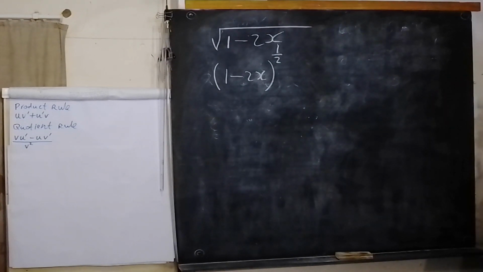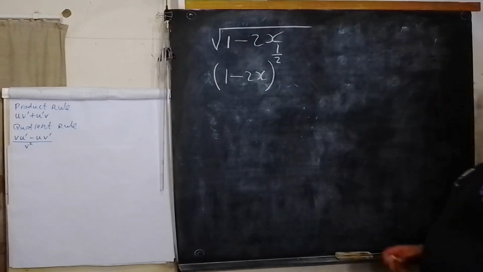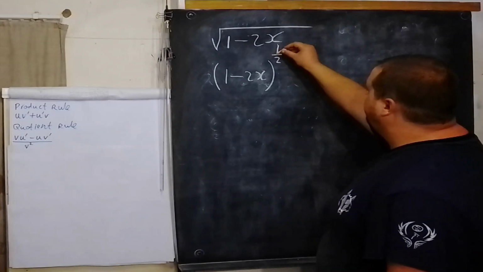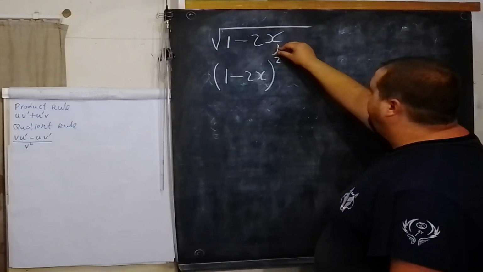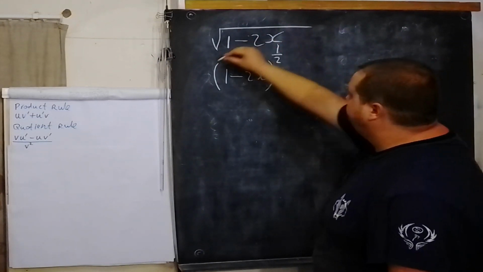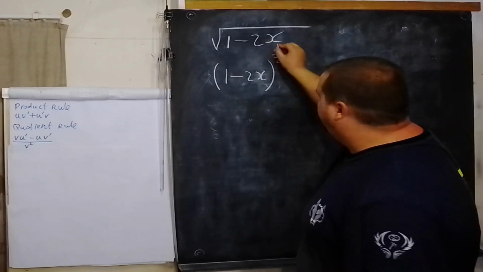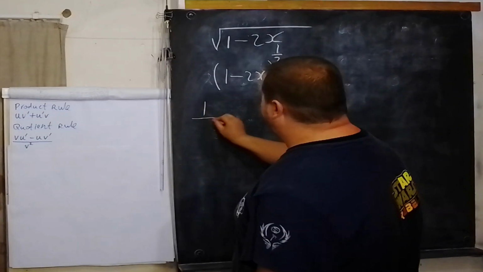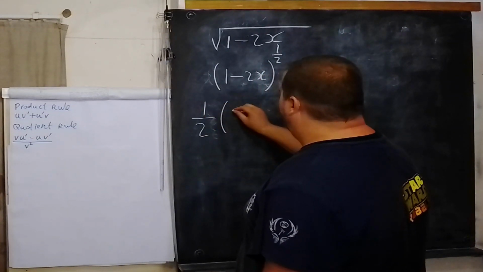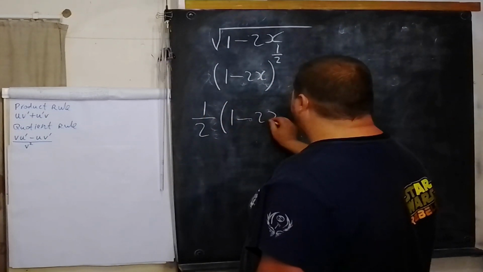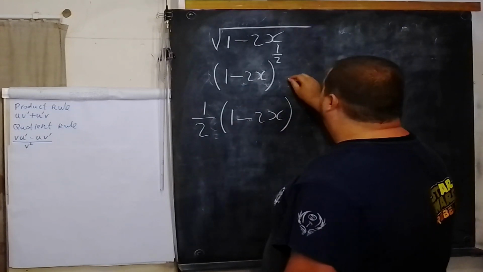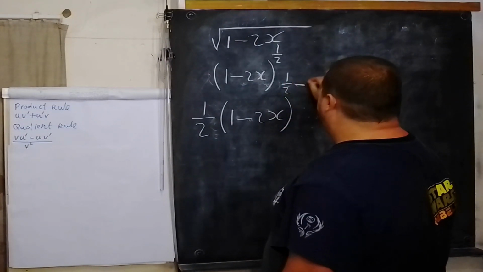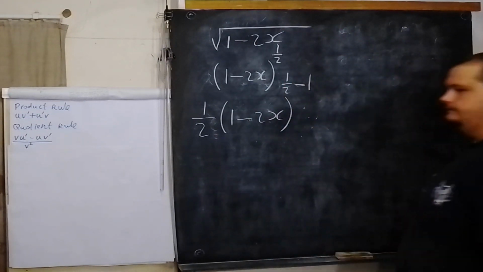That makes this a lot easier. So all I'm going to do is multiply by a half, so it comes here, a half, (1 minus 2x) to the power a half minus 1.